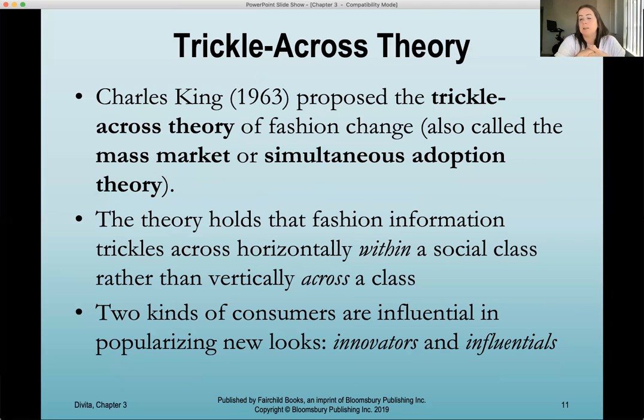It is also called the mass market or simultaneous adoption theory. This theory holds that fashion information trickles across horizontally within a social class rather than vertically. Two kinds of consumers are influential in popularizing new looks: innovators and influentials within each class system.